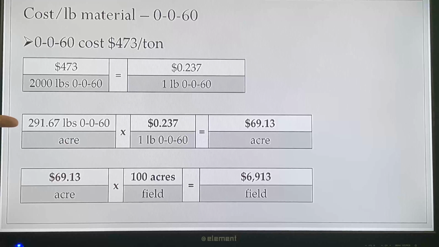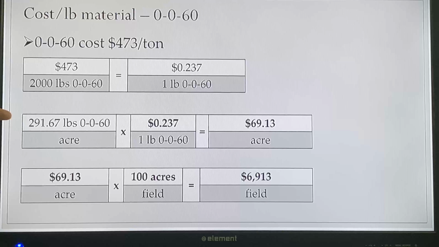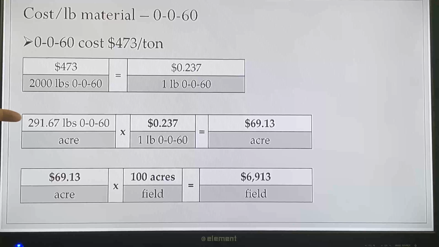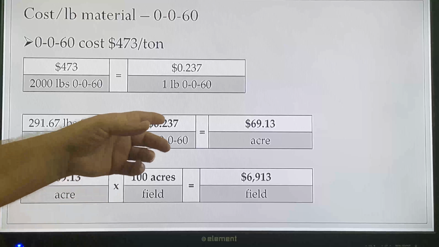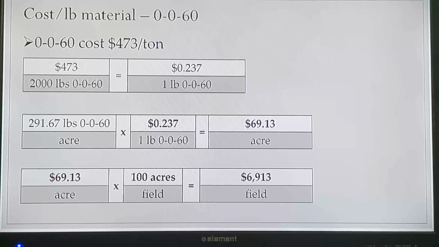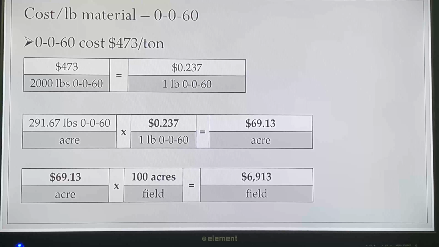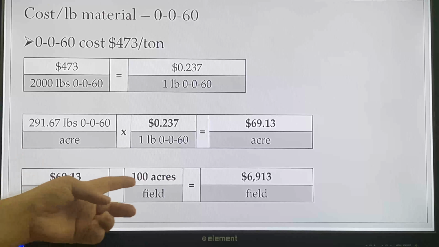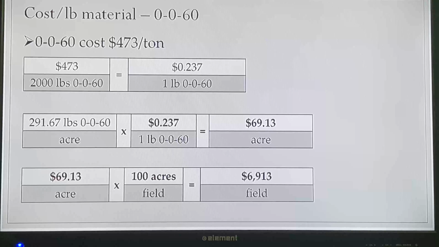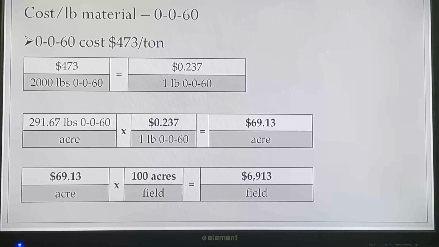From our previous calculation, we know that we need about 292 pounds of muriate of potash times 23.7 cents per pound gives us a cost of $69.13 per acre. Times 100 acres, that's going to be about $6,913 for muriate of potash for our field.